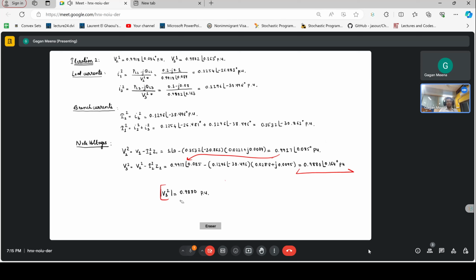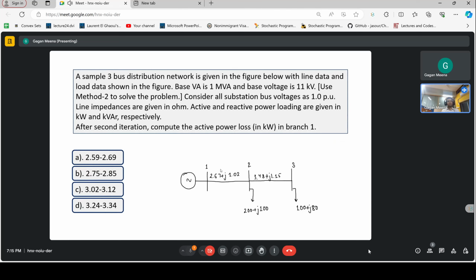Base V is the same. The same question is to be done with method 2. After the second iteration we have to find out the active power loss in branch 1. So method 2: V1 is 1 per unit magnitude, and in this second method we don't need the angle information.